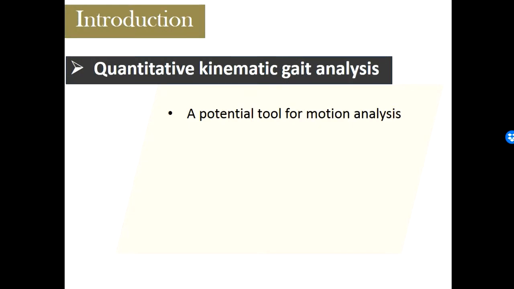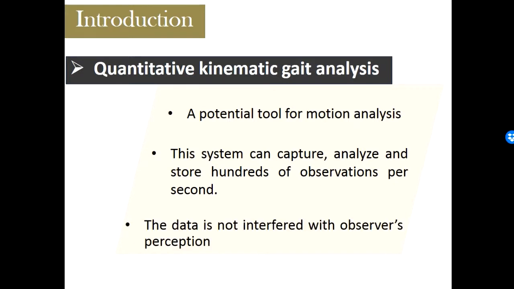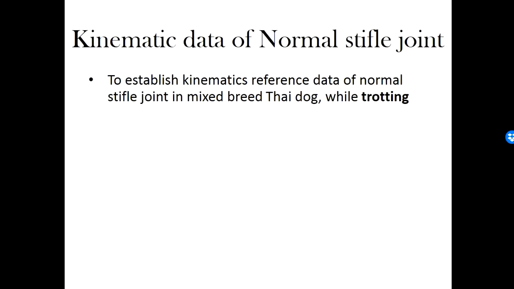Quantitative kinematic gait analysis system is a potential tool for motion analysis, because this system can capture, analyze, and draw hundreds of observations per second, and the data is not interfered with by the observer's perception.